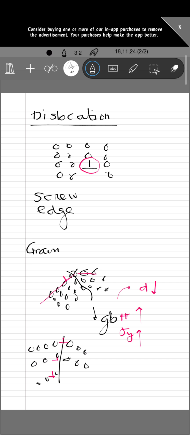So in that case, this boundary is called a twin boundary. And this also comes in the surface defect. The grain boundary and twin boundaries.